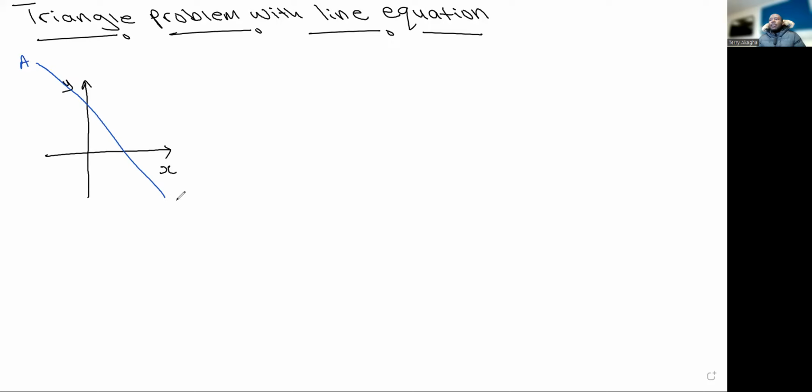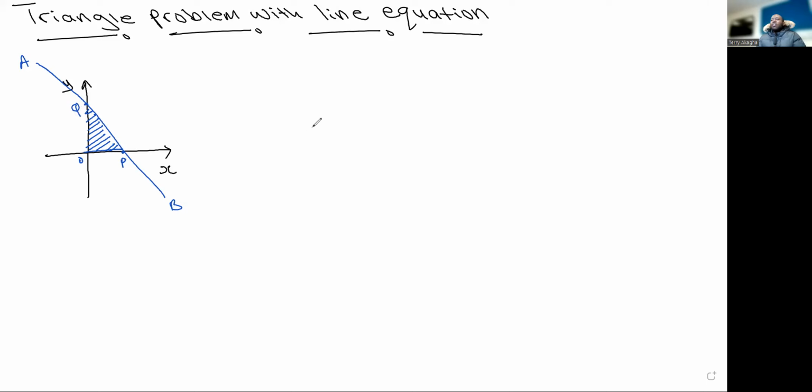You will notice that line AB is making a triangle here. Are you seeing this triangle here? So let's call this point of intercept O, here P, and here Q. So you can see we have triangle OPQ.